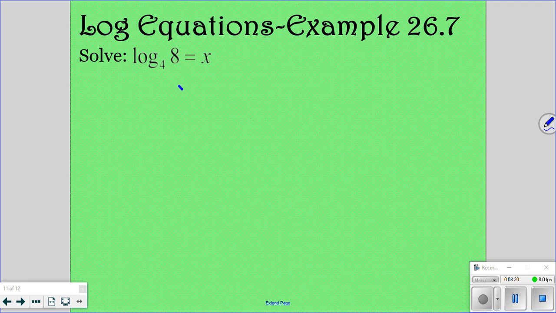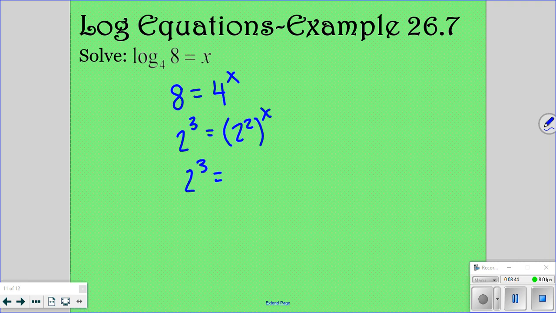So the 8, you're going to keep where it is, and then that's going to make it 4 to the x. And so some of y'all may be stumped here. What you do, you want to put 8 and 4 where they both have the same base. So 2 cubed is the same thing as 8, and 2 squared is the same thing as 4. So they're both with a base of 2 now. So on the right side, when we have a power raised to a power, we multiply those.